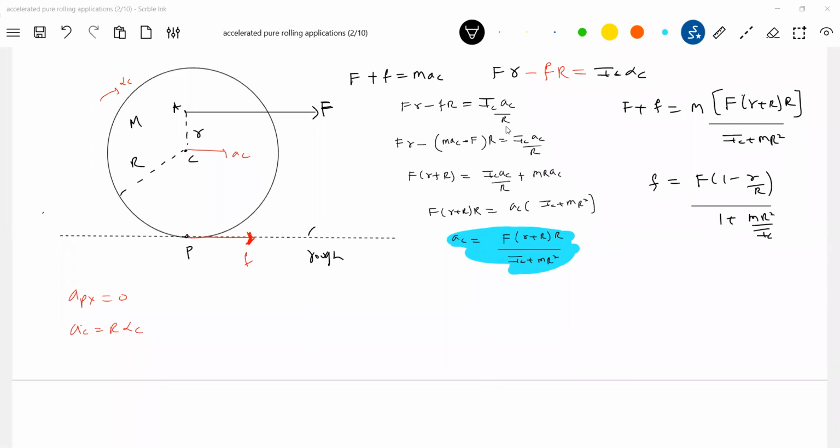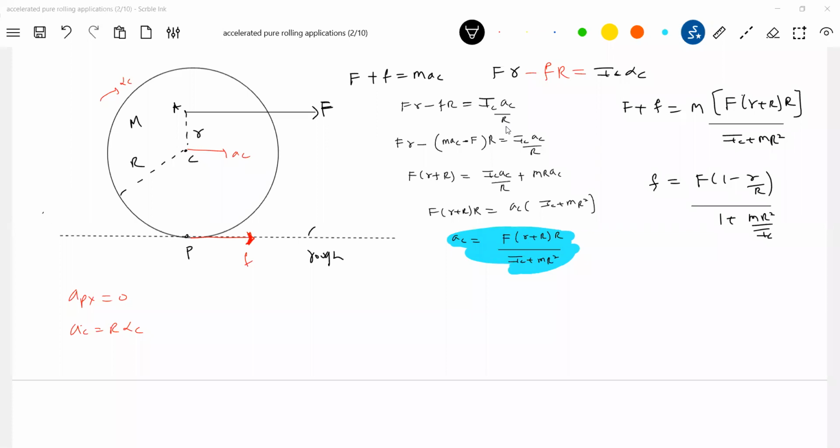Immediate value, small f. This will not be the answer. I'm very sure this is not the answer at least. Don't say this is correct.